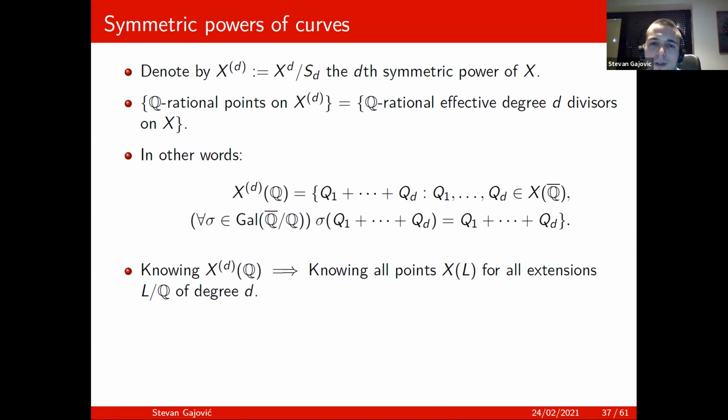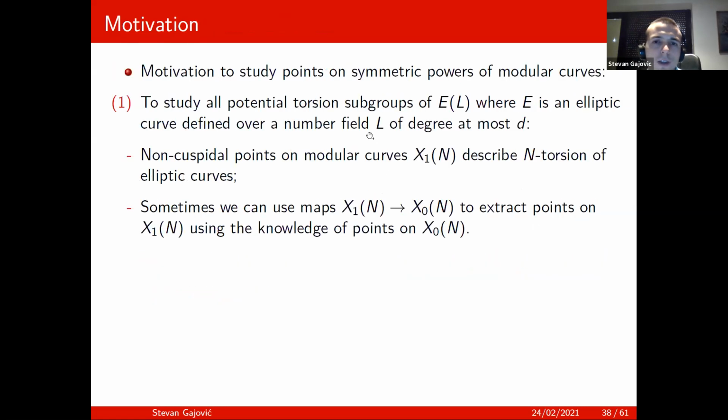For example, the same principle is valid for the torsion of elliptic curves. So if we want to study all potential subgroups of elliptic curves defined over a number field L, we want to compute points on X1(n) of L, so not Q.